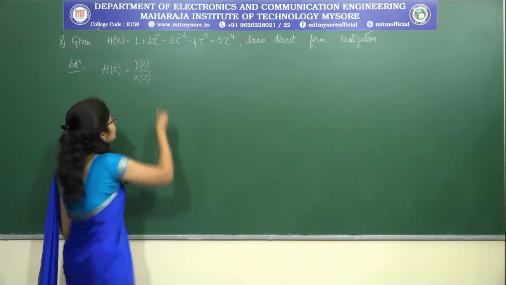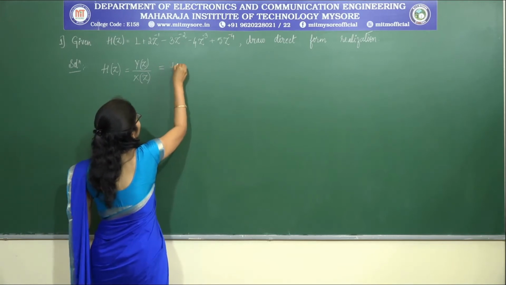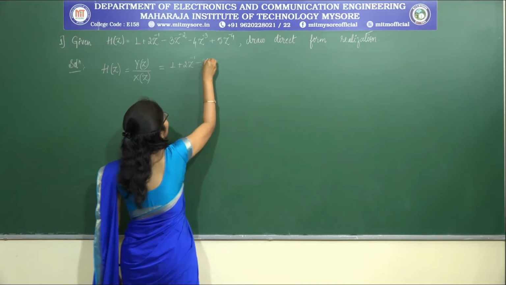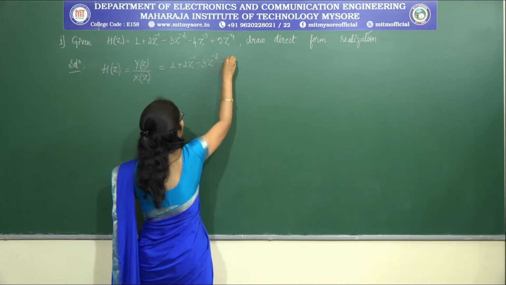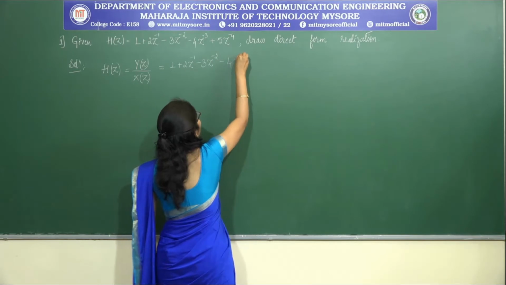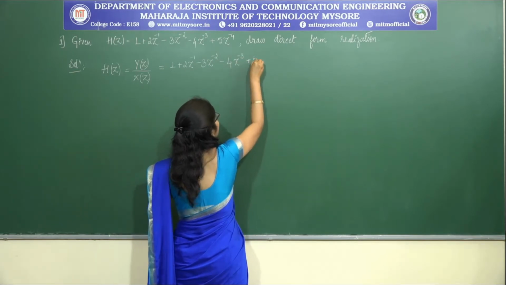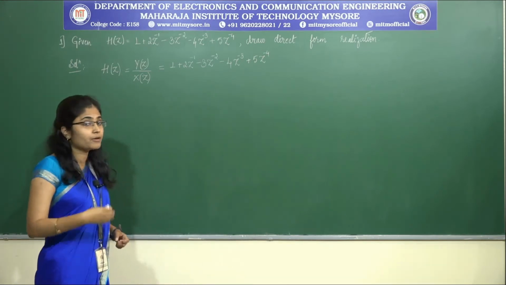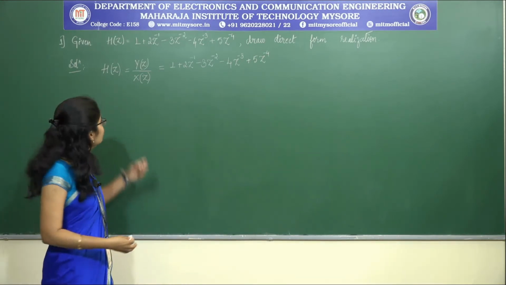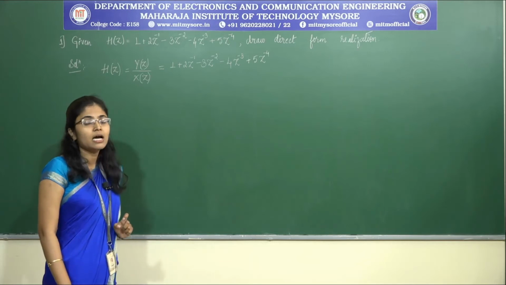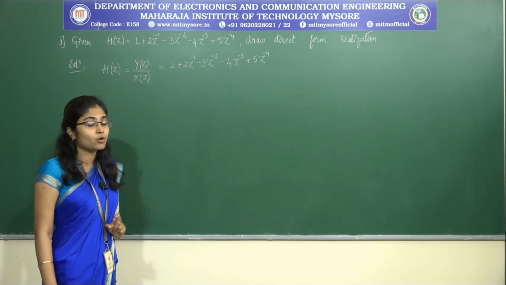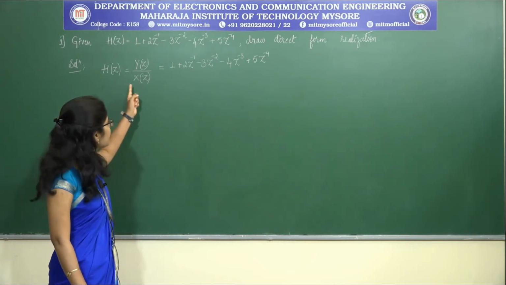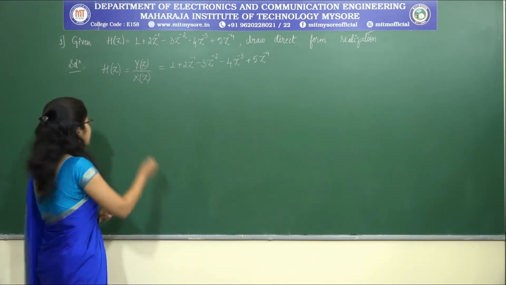Now this is equal to 1 plus 2z inverse minus 3z power minus 2 minus 4z power minus 3 plus 5z power minus 4. Now I need to find the difference equation from this given function, that is, I need to find the equation for y of n. For that, let us keep y of z on the left hand side and move x of z towards the right hand side.